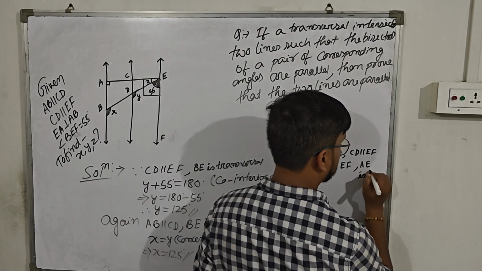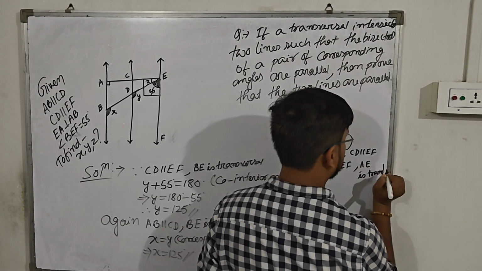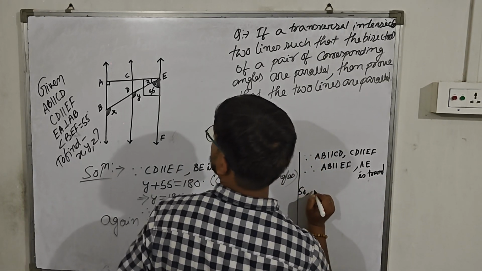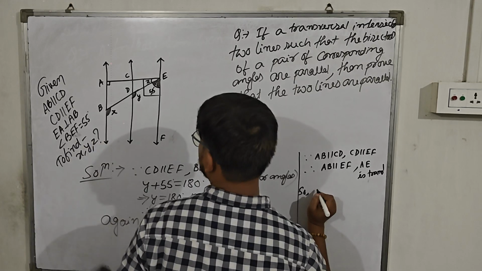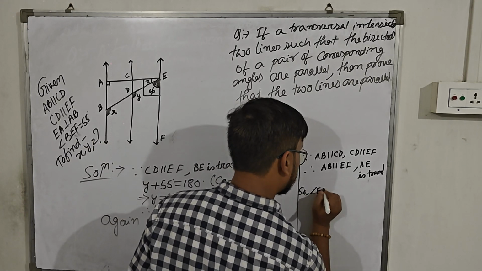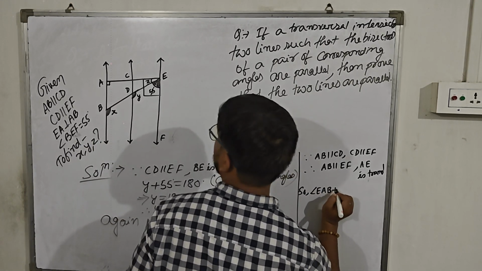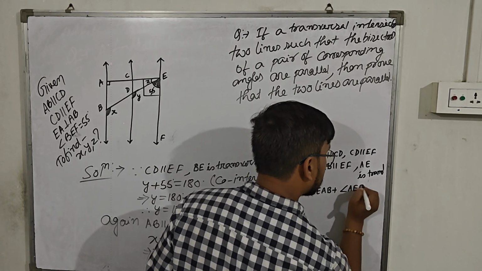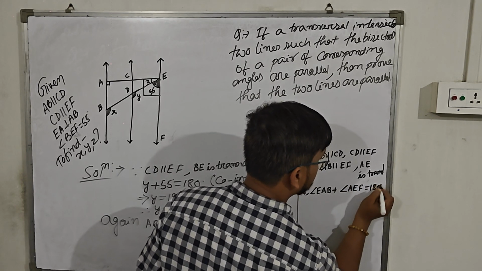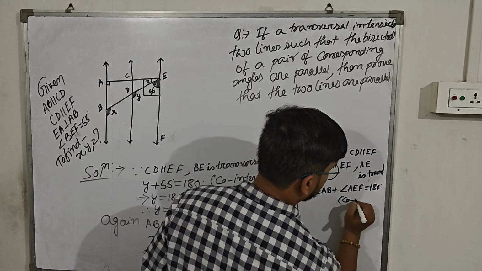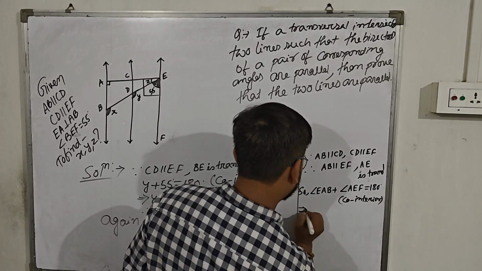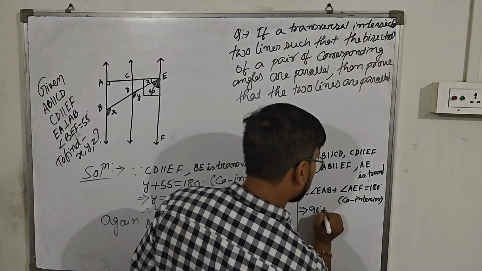AB parallel to EF and AE is the transversal. There, so I can say this EAB plus AEF, that is 180 degree. Here you write co-interior. This one we have already got as 90 degree.